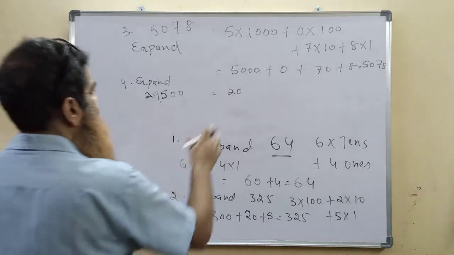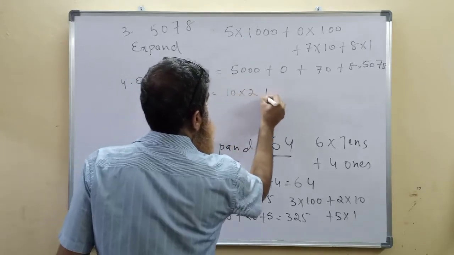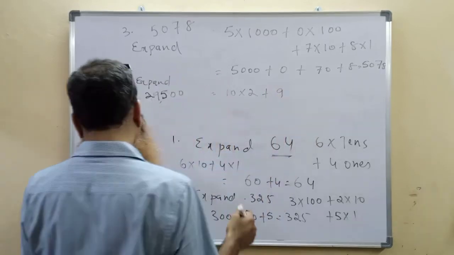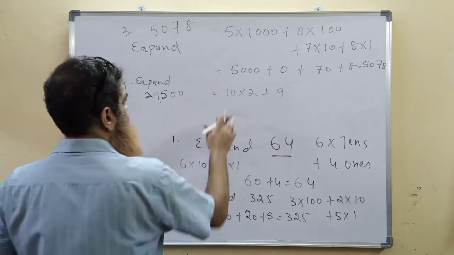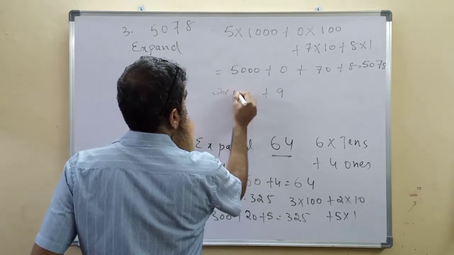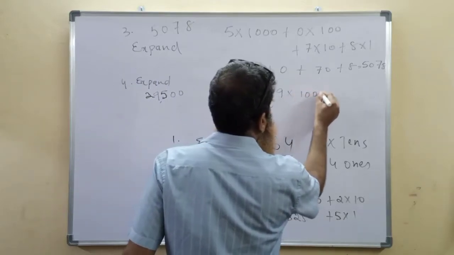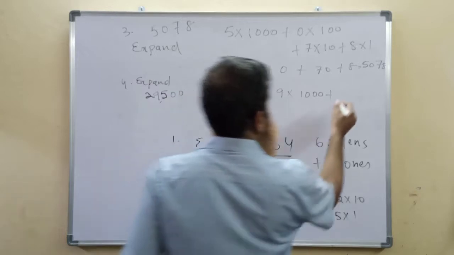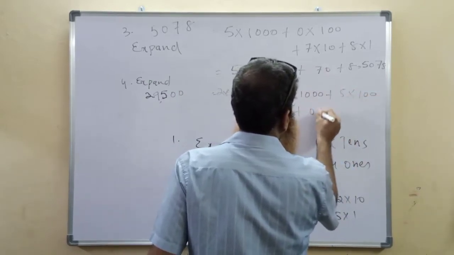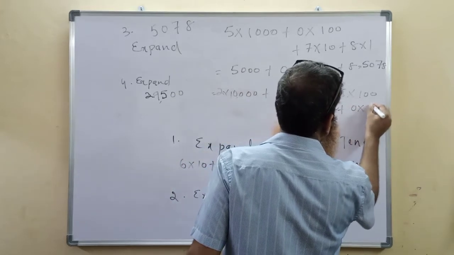So we have 2 into 10,000 plus 9 into 1,000 plus 5 into 100 plus 0 into tens plus 0 into 1.